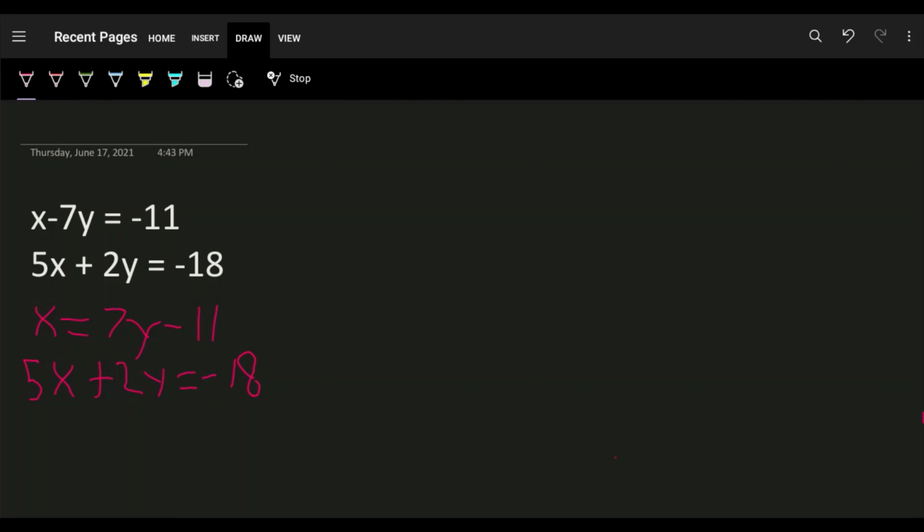Now that we know what x equals for the first equation, we could substitute that into the second equation by replacing x with what it equals in the first equation, placing that in terms of y into the second.